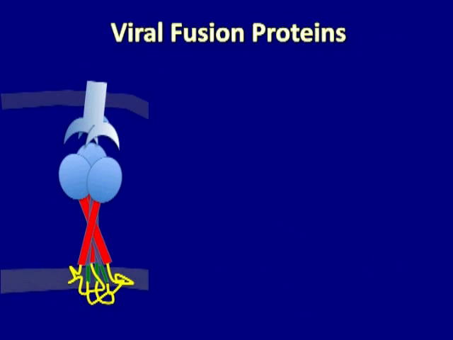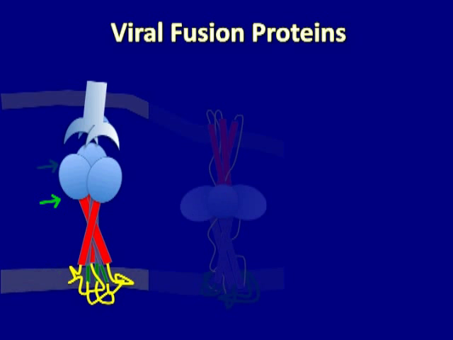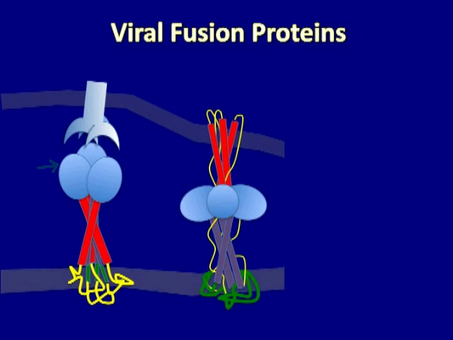In some viruses, the proteins that interact with the host cell receptor are also modified to be fusion proteins. Either at the moment that they interact with the host cell receptor or via some other biological signal, the fusion proteins are designed to change their conformation such that the protein now forms a bridge between the viral envelope and the host cell membrane, and the protein is anchored in both.